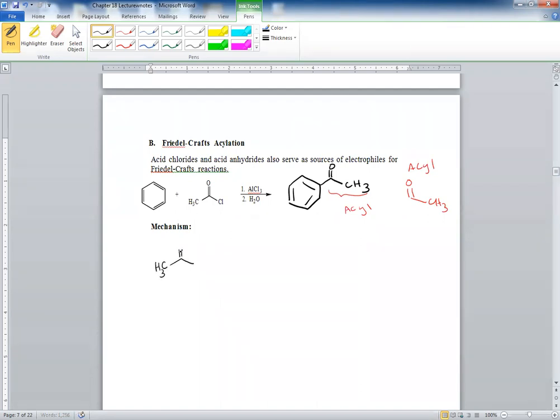So you have your acyl chloride reacting with the Lewis acid catalyst.